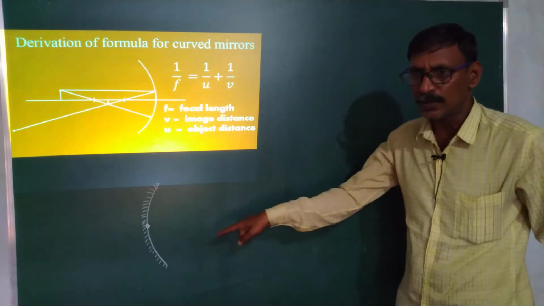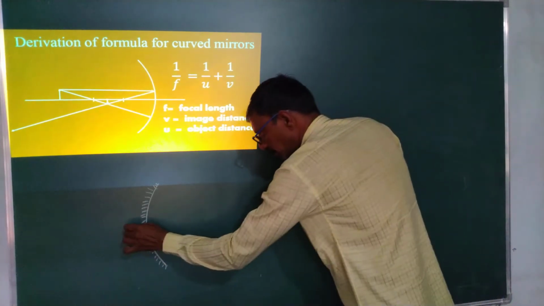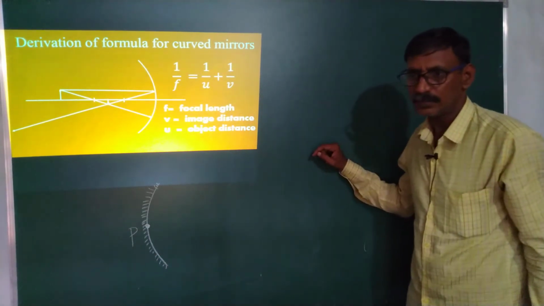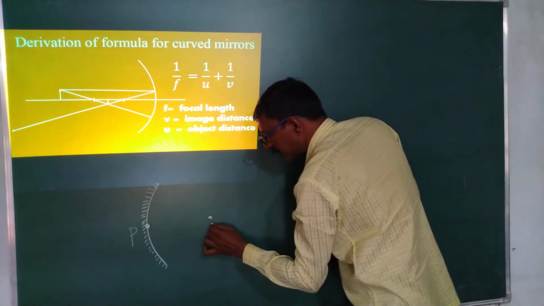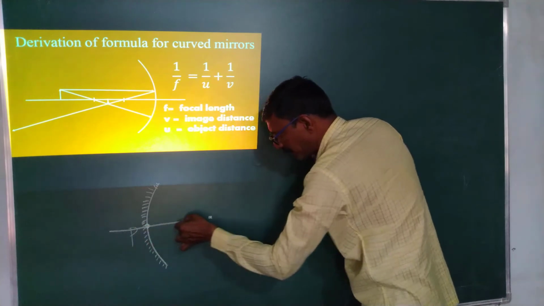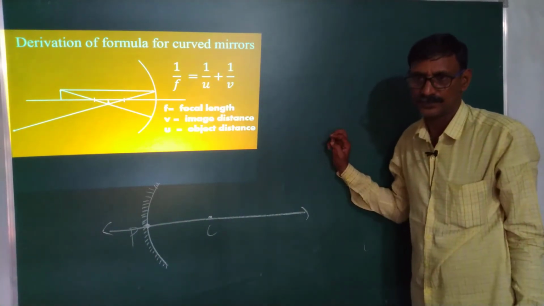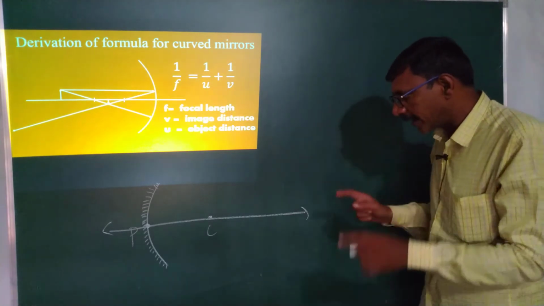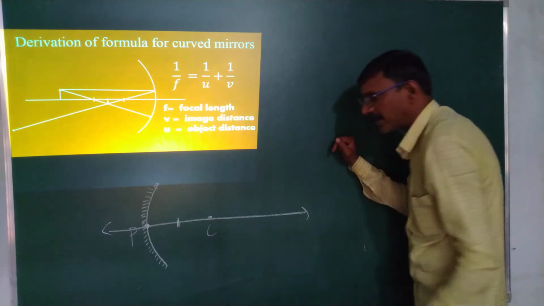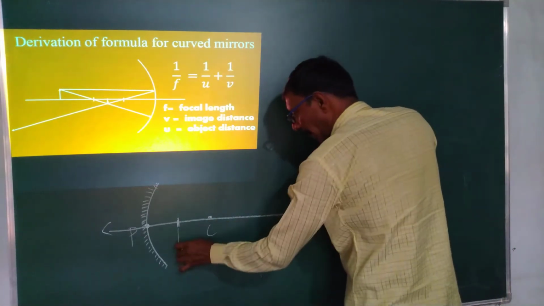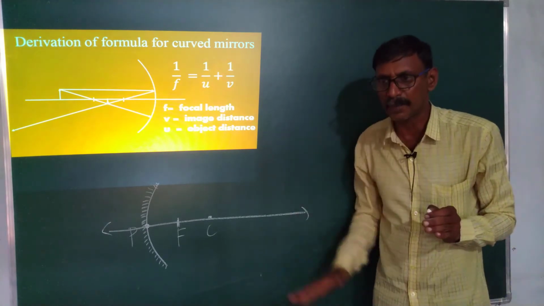This is my pole, the center of the concave mirror, and it is denoted by P. The center of curvature is C. By joining P and C we get the principal axis. And we know that the focus must be the midpoint of P and C. This is the focal point. The focal point always lies between P and C, and it is the midpoint.